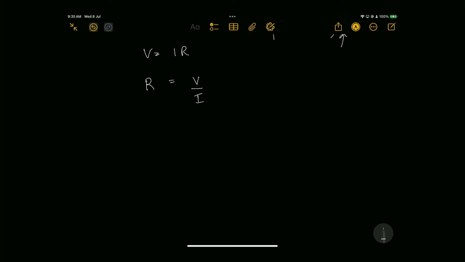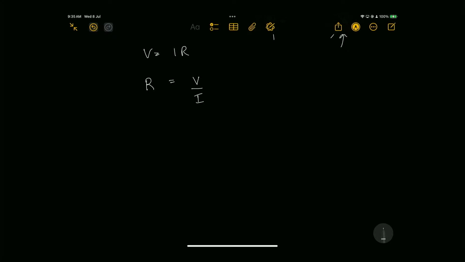Now, what factors affect the resistance? So temperature, the material the conductor is made of, and probably the size. Right.